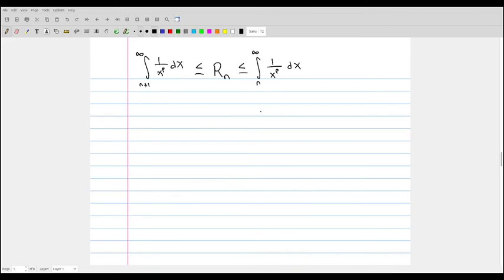So just because we can't find the exact value, we can say how far out you need to go in the series to bound this remainder term, right? And this result is relatively straightforward to evaluate because we already know what this improper integral is going to be.